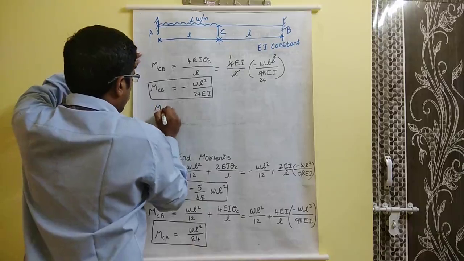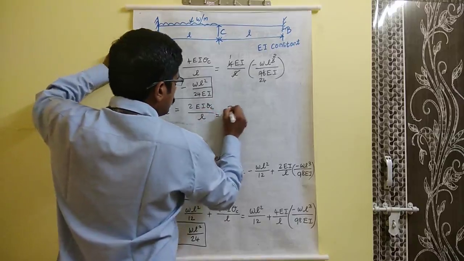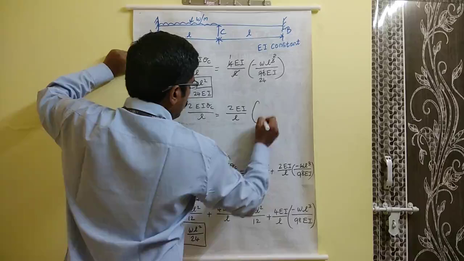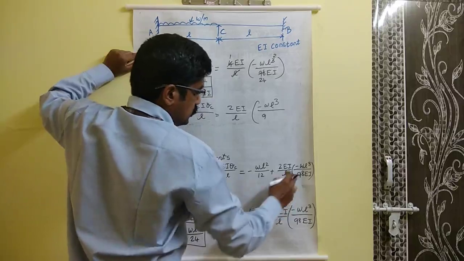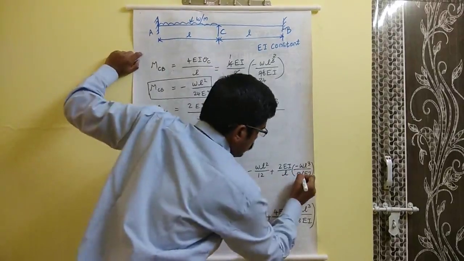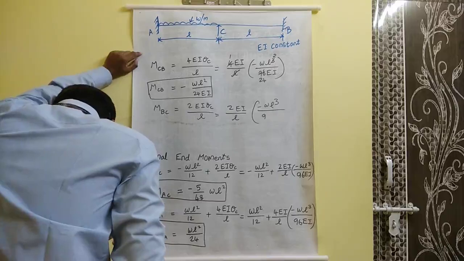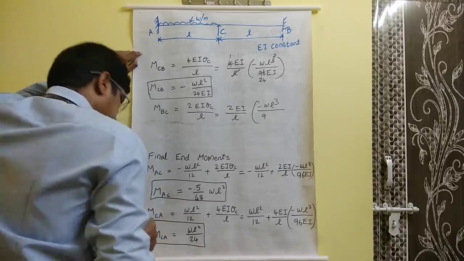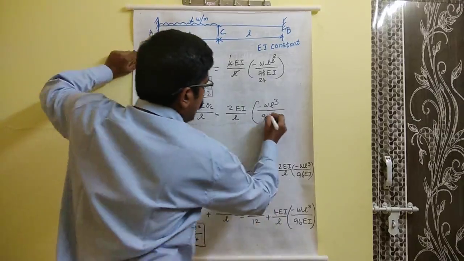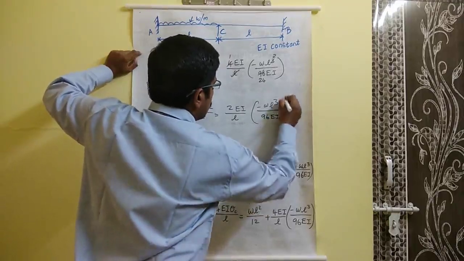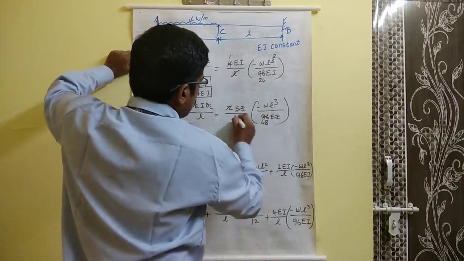Next we need to calculate the MBC moment. The formula is 2EI theta C divided by L. So we substitute 2EI divided by L and the value of theta C, minus WL cube divided by 96 EI. Sorry, I have written it wrongly; the value is 96 EI. Here the EI will get cancelled, this will become 48 and this will become square.